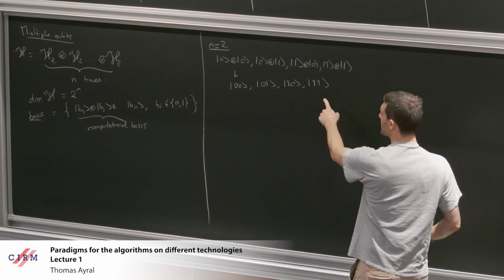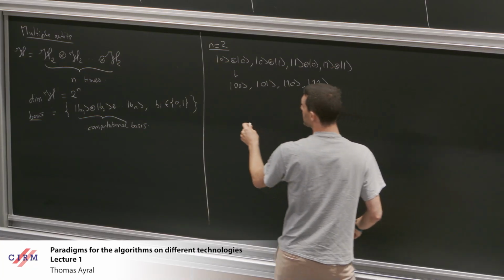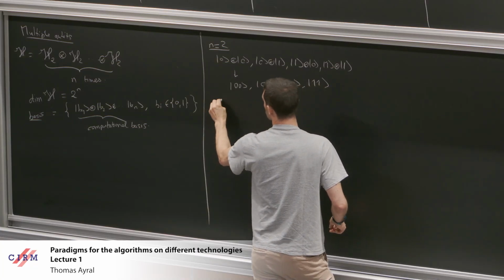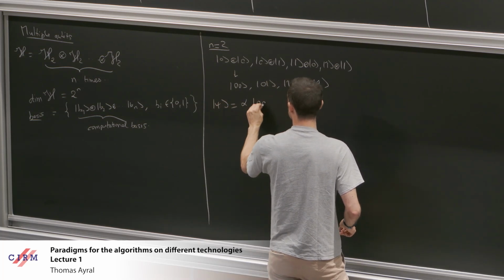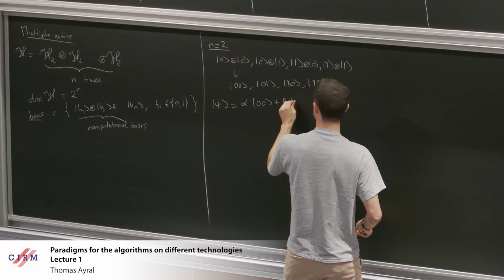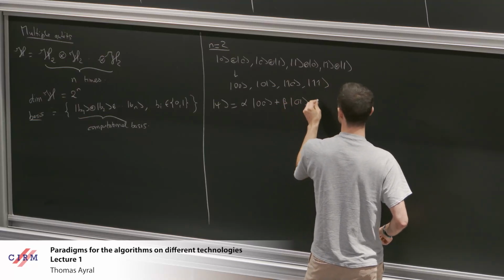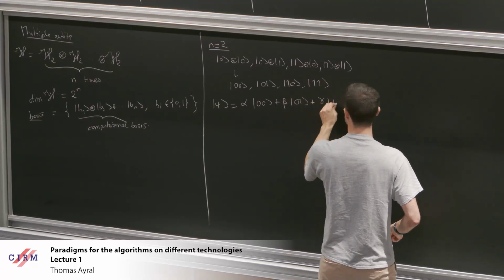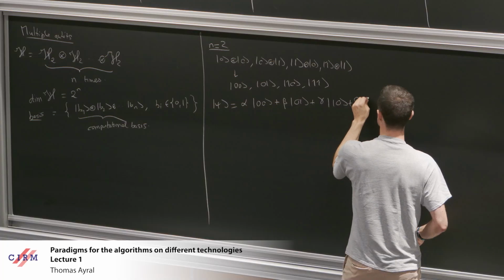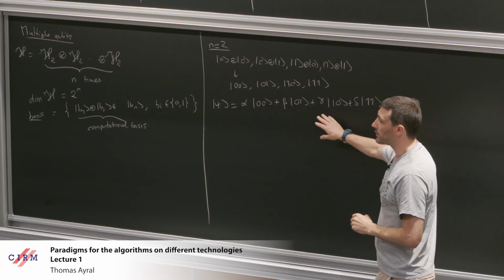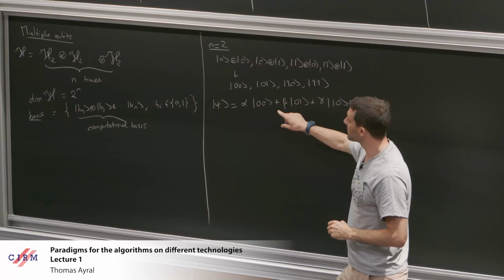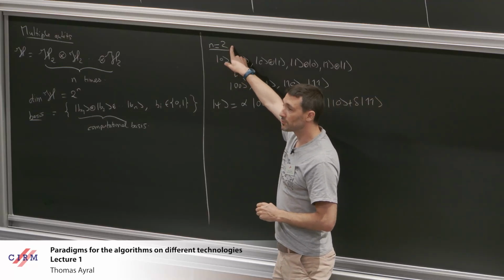And so you see, of course, now I have 4 states. So it means that any state psi of 2 qubits can be written as alpha |00> plus beta |01> plus gamma |10> plus delta |11>. So you see, I need 4 complex coefficients now to describe a state of 2 qubits.